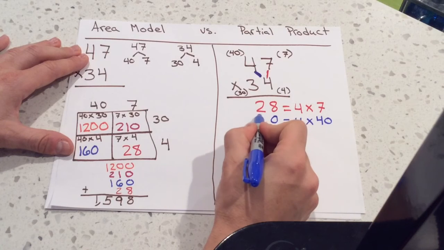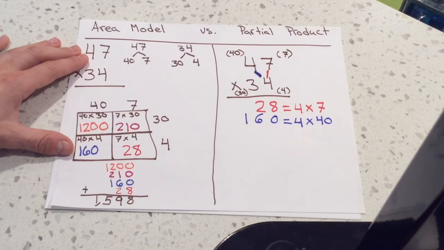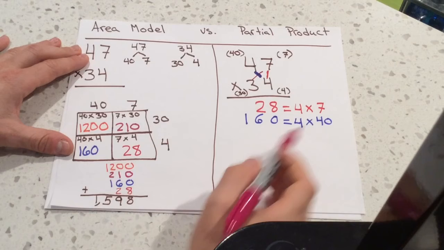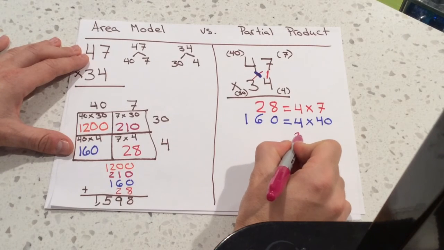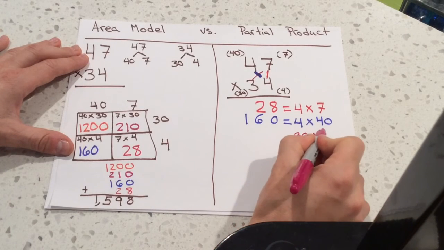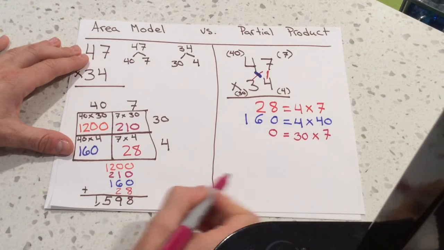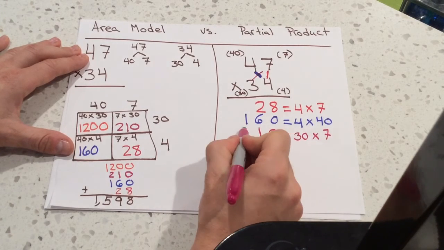And I know 4 times 4 is 16. Then thinking about, what color am I using here? 30 times 7. I know I'm going to have 1 zero in my answer, and 3 times 7 is 21.